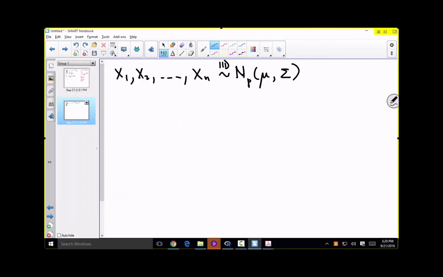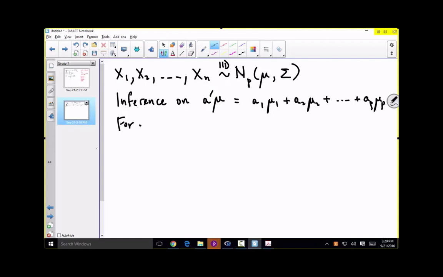Suppose we wanted to make inference, like a confidence interval, for some linear combination of the mean vector. That looks like a constant a1 times mu1 plus a2 times mu2, up to ap times mu p.